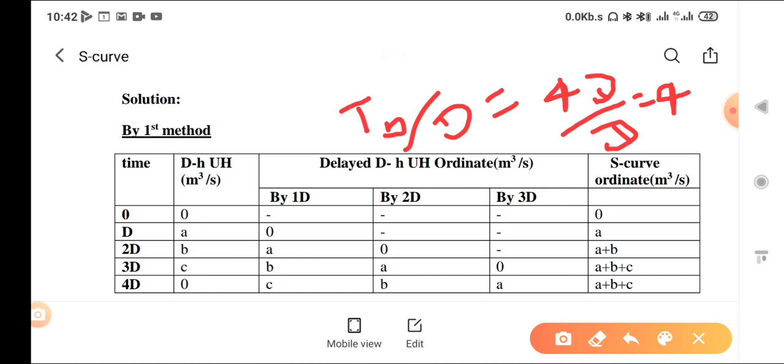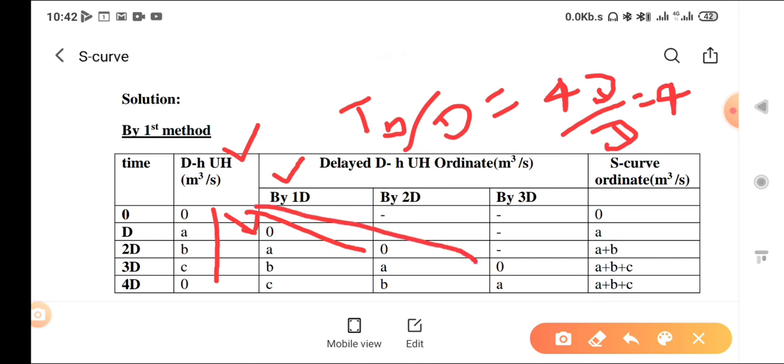You can see the times 0, D, 2D, 3D, and the corresponding ordinates 0, A, B, C, and again 0. The first unit hydrograph is there, then the second is lagged by D hour, so its 0 goes at D. The third is lagged by 2D, so its 0 goes at 2D, and the fourth is lagged by 3D, so its 0 goes to 3D.